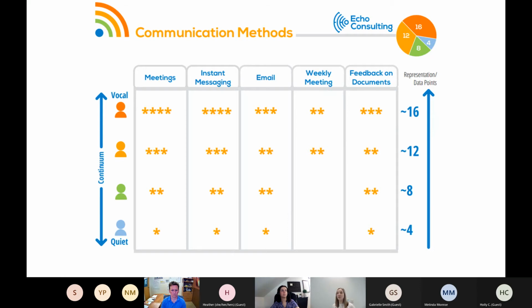We have team members that are much more vocal and team members that are much more quiet. And when we use these typical communication methods, what can happen is we don't really have an equitable representation of data. If you see in this pie chart up here, our more vocal team members, they are really providing a lot more of the data points and input and feedback than some of our more quiet individual contributors or project supporters.